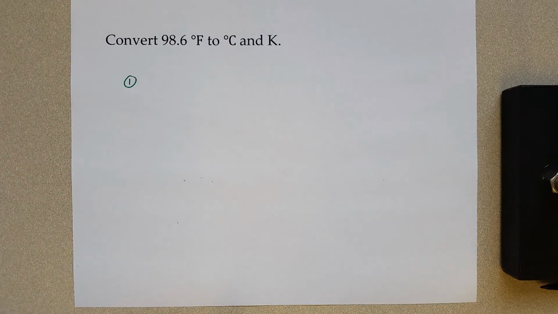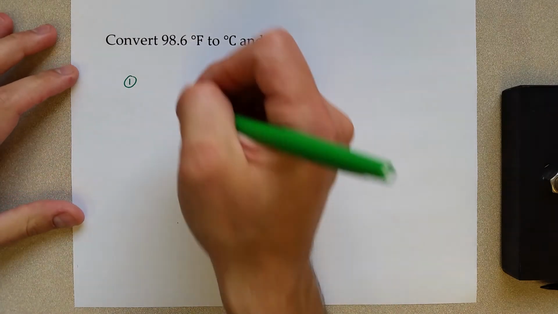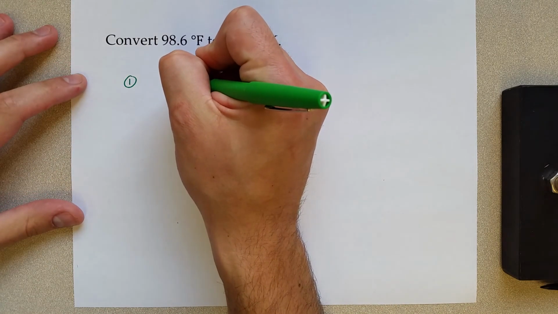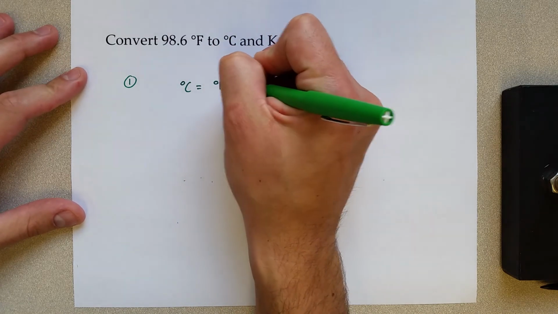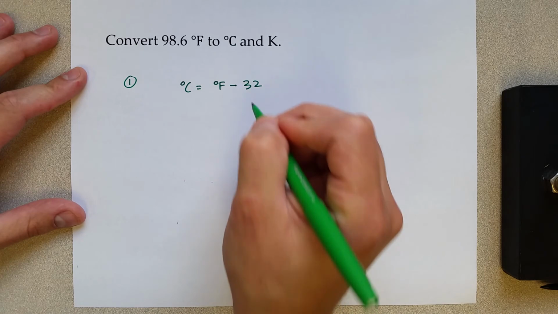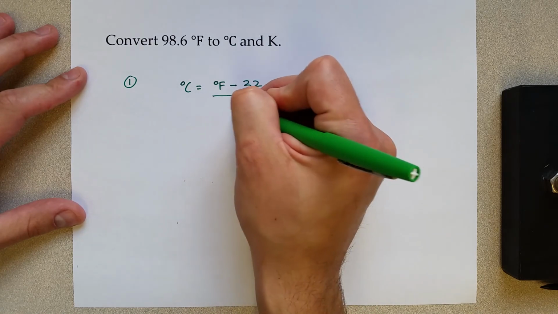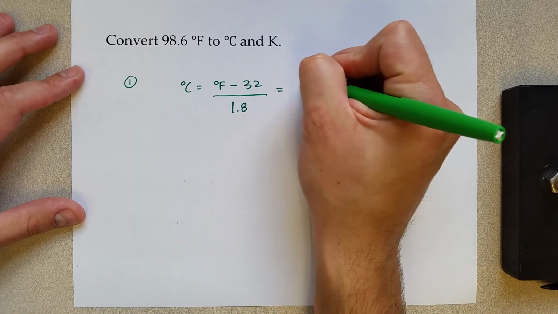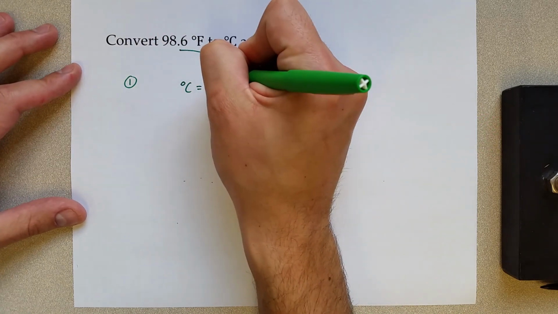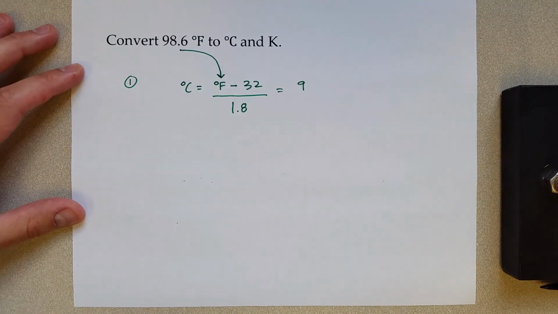Those are the equations we have, and converting from Celsius to Kelvin is rather straightforward. If I want to convert from Fahrenheit to Celsius, I'm going to subtract 32 and then divide by 1.8. So we're just going to insert that 98.6 into our equation.